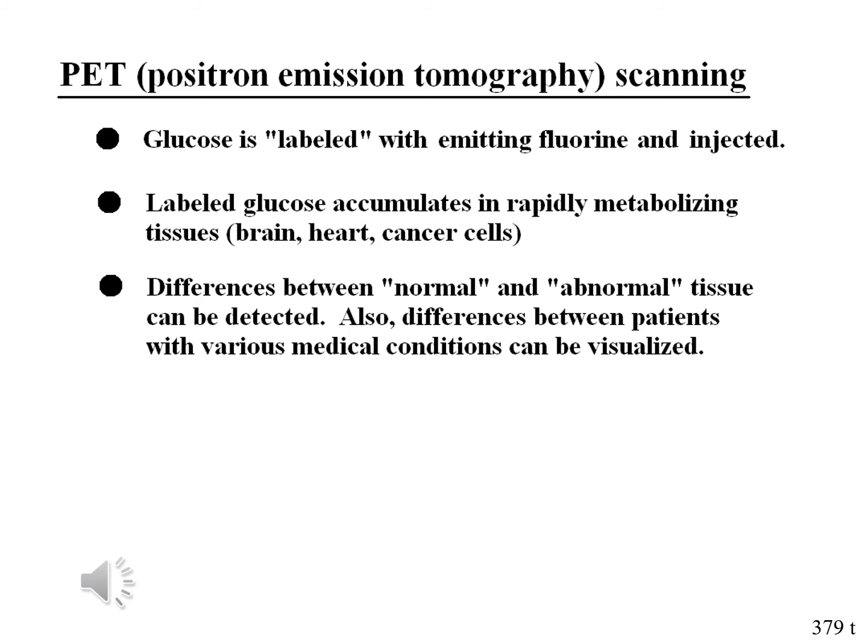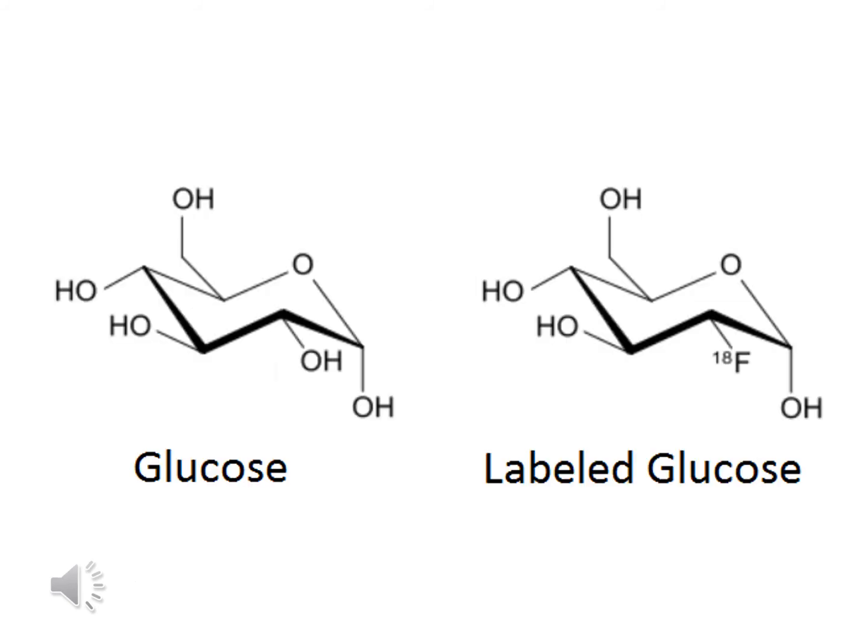And the differences between normal and abnormal tissue then are very clear. The thing is, you can even do brain scanning with PET scan to show the difference between different brain states, and I'm going to show that also. The way they label the glucose is that they put a fluorine-18 at what's called carbon-2.